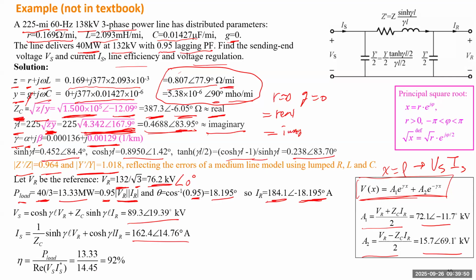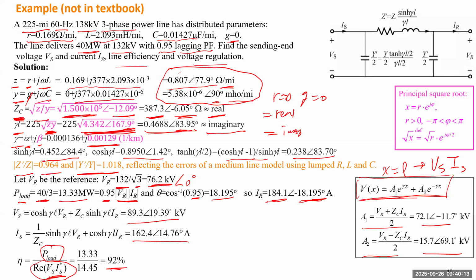Okay, to calculate the efficiency, the numerator will be just the load power, and the denominator will be the real part of the complex power from the sending end. You just utilize the definition of complex power, which is VS times IS conjugated, then you take the real part.